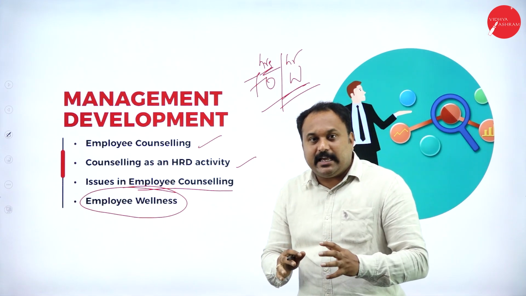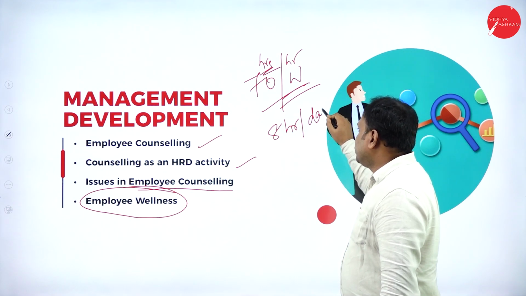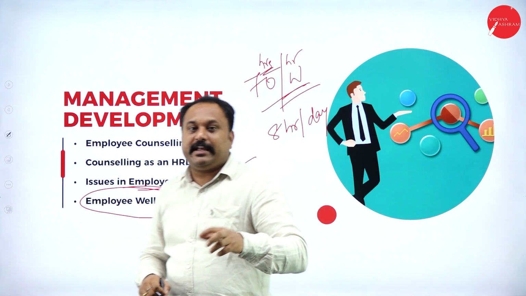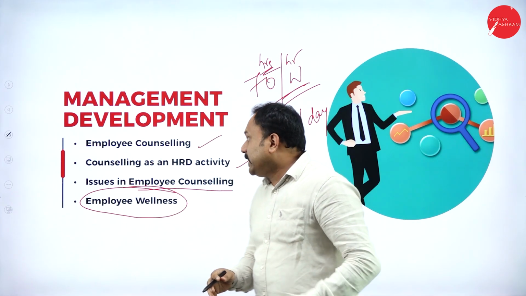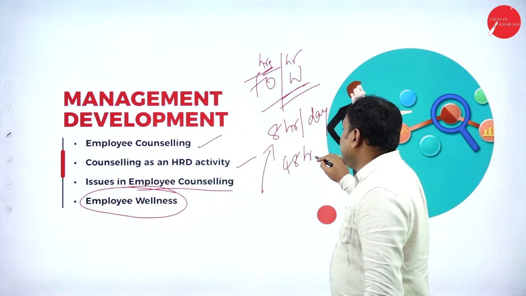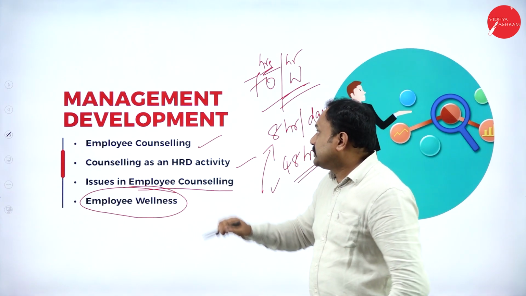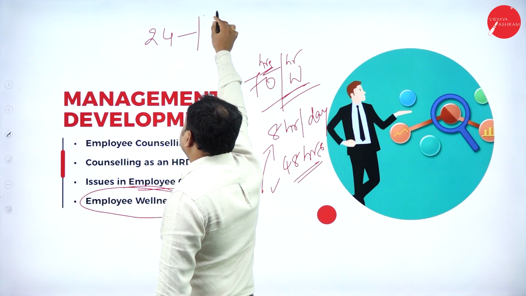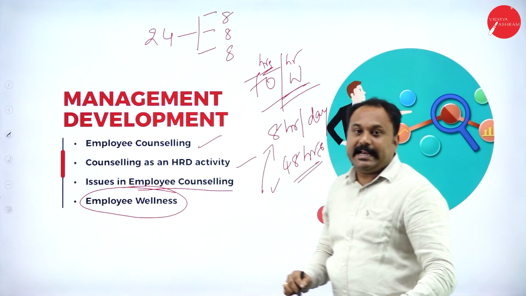Say in a day, if we work 8 hours per day, okay, so in a week we have 7 days, but in those 7 days, one day is a holiday, that is Sunday, so we are left with 6 days. Now if you go with 6 eights, that is 48 hours, that is fine, because 24 hours is divided like this, 8, 8, 8, right? So 8 threes is 24.